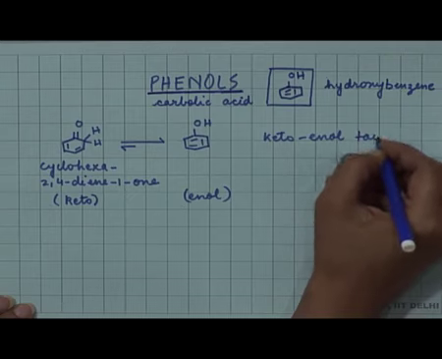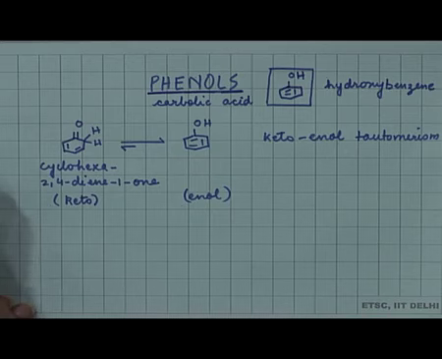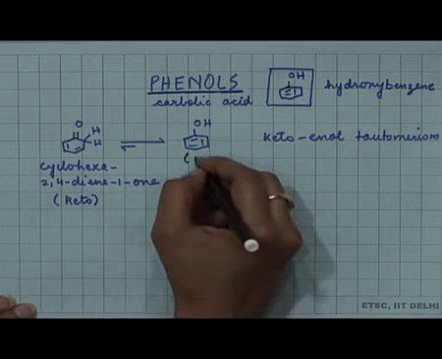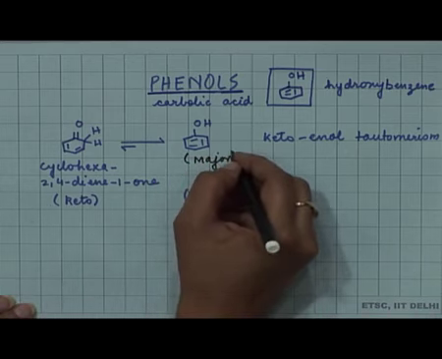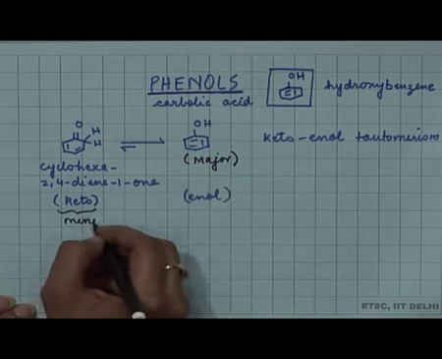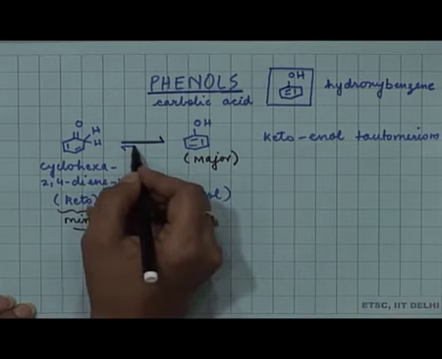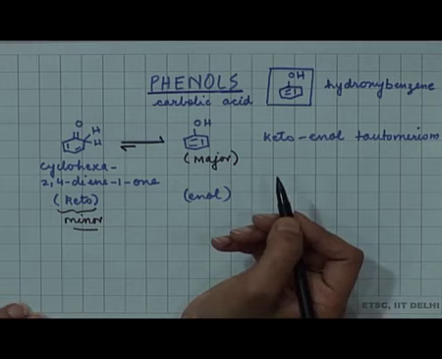So, keto-enol tautomerism exists in the case of phenols, and the enolic form, that is the phenol in this case, is the major contributor, and the keto form contributes in a minor way. That is why if you look at this equilibrium, it is more towards the enolic form and less towards the keto form.